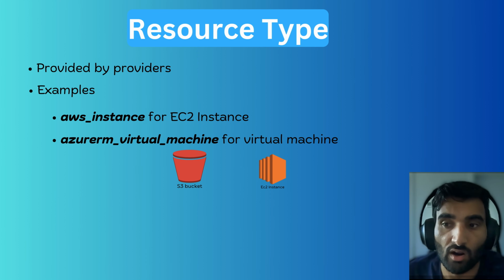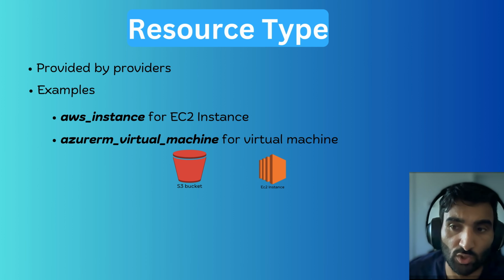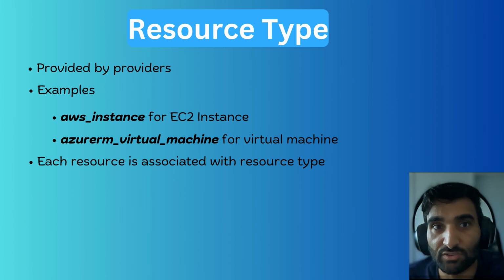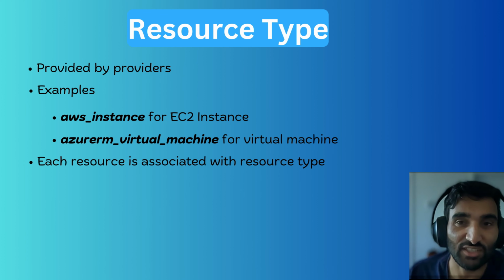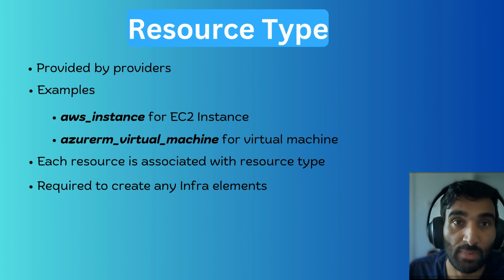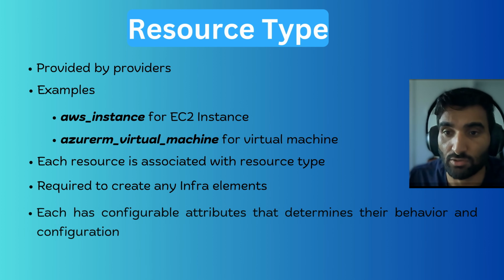Similarly, azurerm_virtual_machine would be the resource type for an Azure virtual machine. Each resource that you create is associated with a resource type. So when you declare resources, you specify their type and set up their configuration by defining their attributes.